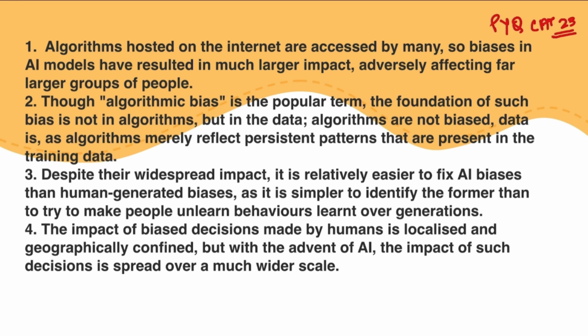Now let's read it. The first one says, algorithms hosted on the internet are accessed by many, so biases in the AI models have resulted in much larger impact. See, it says so biases have resulted in much larger impact. Now we are using a comparative degree here, much larger, adversely affecting far larger groups. Again, a comparative degree.